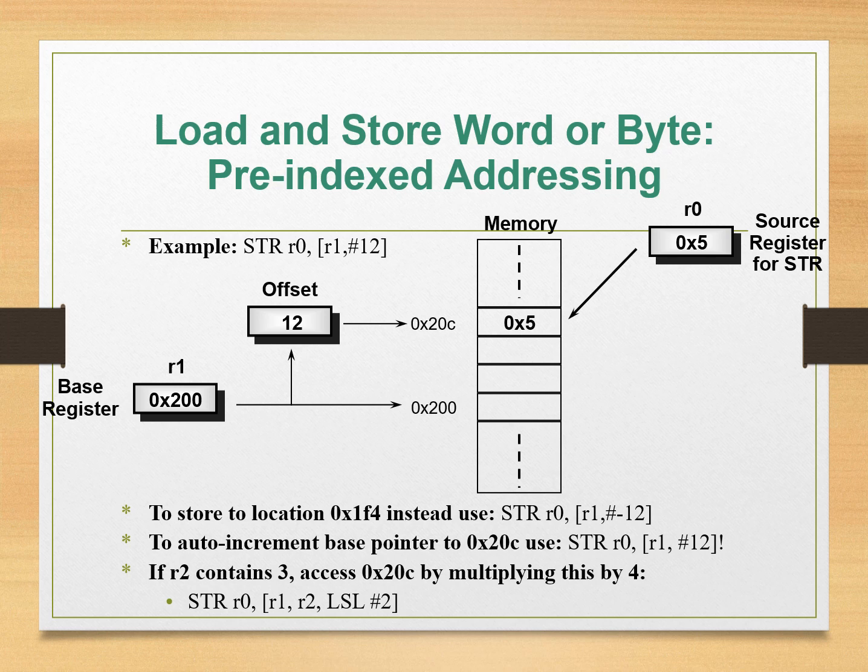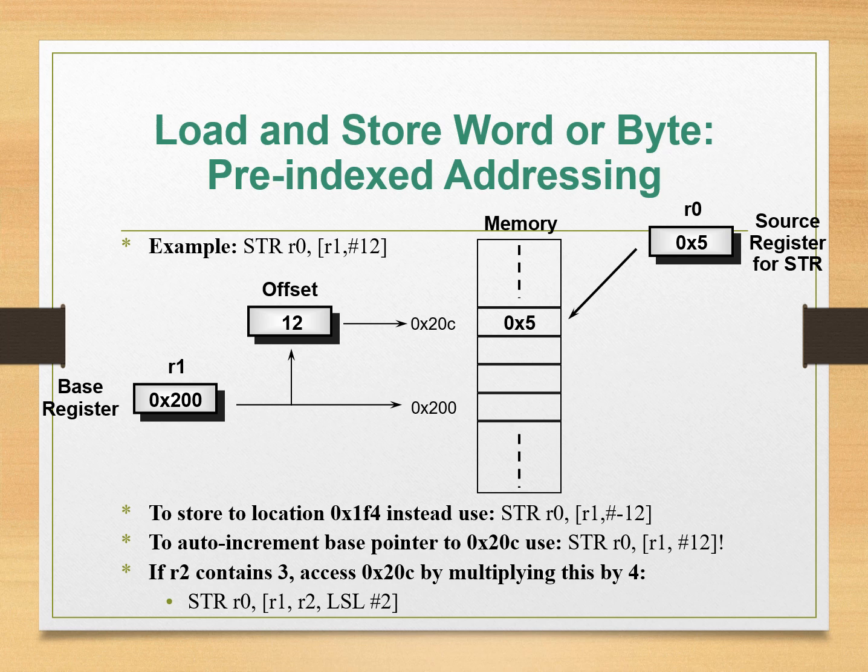Okay, the source register, since it is a store, means the input goes into memory. If the content of the source register R0 is 5 hex, so to store to location 1F4, instead use STR R0, [R1, #-12].